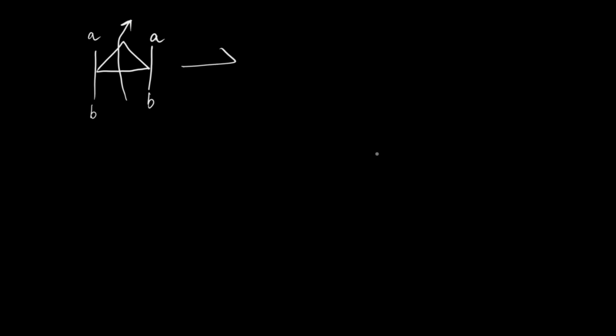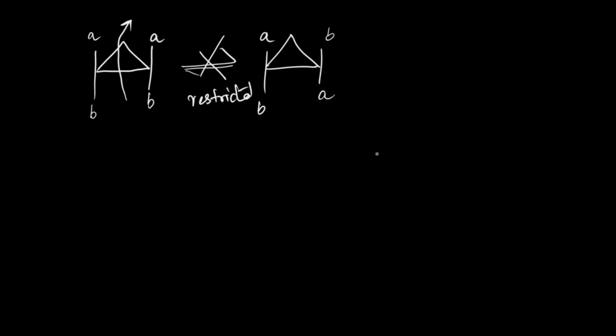So in that case, how will it form this kind of molecule, B, A and A, B? This is not at all possible, which means that this is having restricted rotation. So this can also be possible in geometrical isomerism.